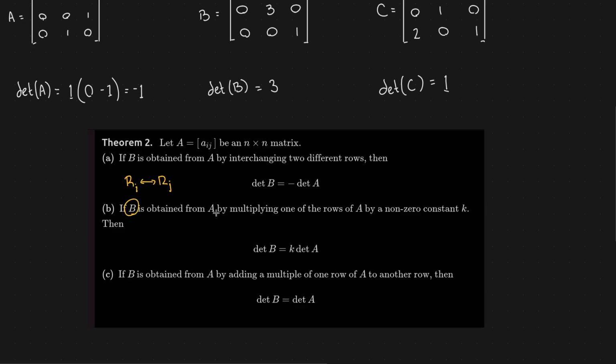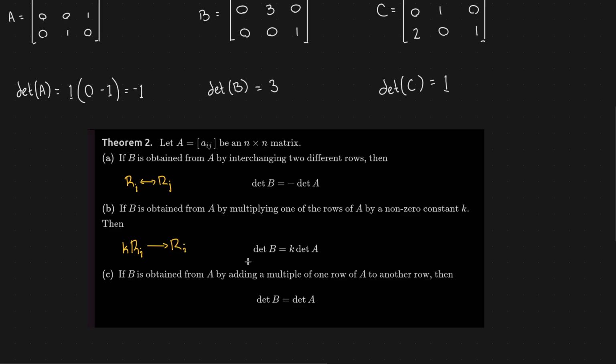If matrix B is obtained from the original matrix A by multiplying one of the rows of A by a non-zero constant, then the determinant of the new matrix is the constant times the determinant of the old matrix. So the row operation we're doing here is taking a non-zero constant times one of the rows, and that replaces the row.